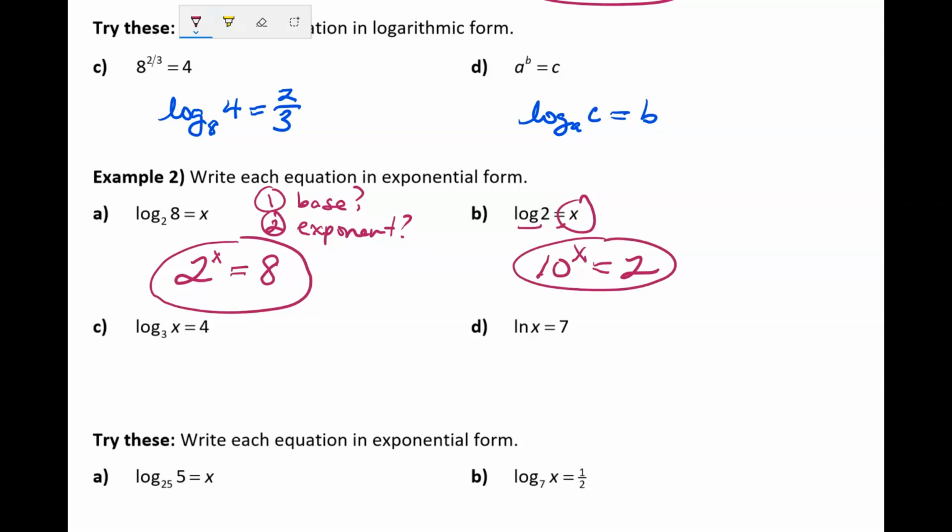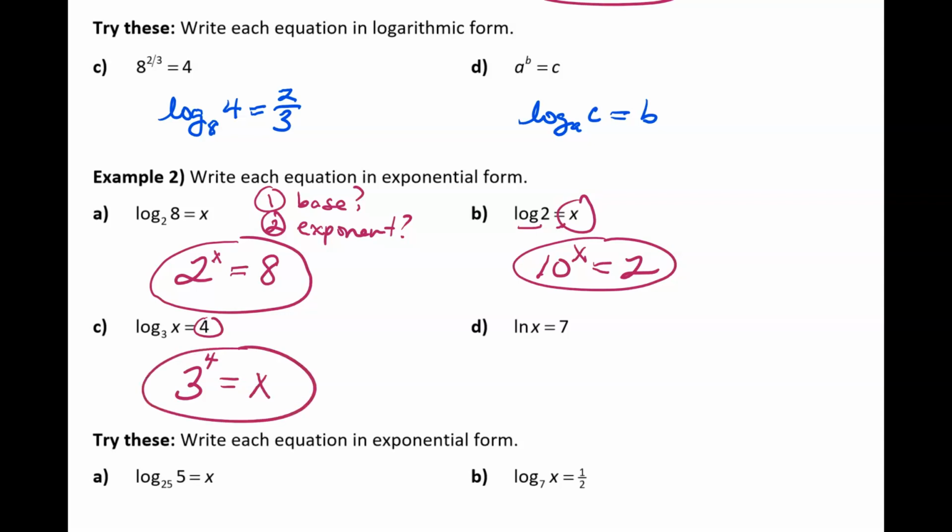So 10 to the x equals 2 is the exponential form of that equation. In C, ask ourselves what's the base, and the base is below the line, so that's 3 raised to the, and the logarithm equals an exponent, and the logarithm equals 4, so 4 must be the exponent, and that leaves that to equal x. That's the exponential form of that one.